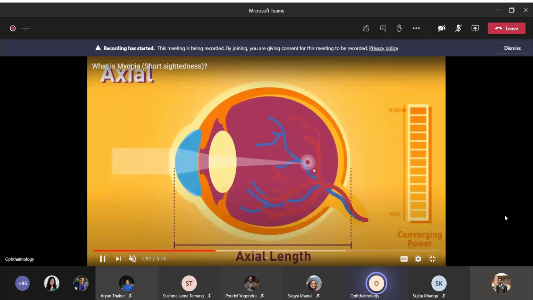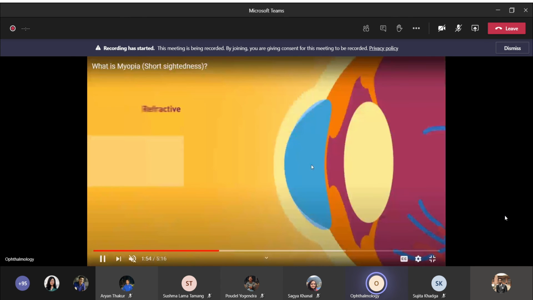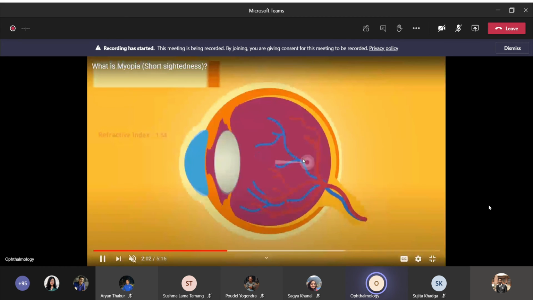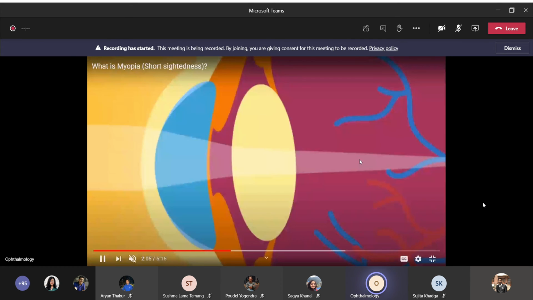Another one is index. Index means the total power of the eyeball is increasing here, and the objects are focused in front of the retina. This is anterior subluxation. When the lens subluxates, the focal point also shifts in front.